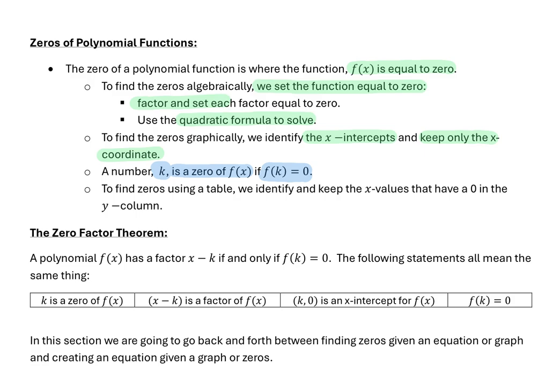Finally, if we are looking at tables, to find zeros using a table, we identify and keep the x values that have a 0 in the y column. The main thing we're seeing here is that we have lots of different ways to ask the same question, and lots of different ways to denote our answer, so we're going to focus on this in the first couple of examples.